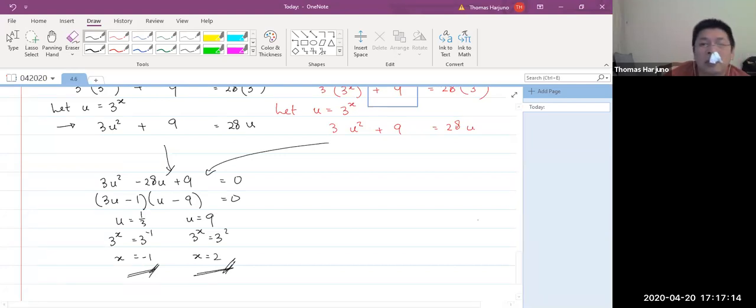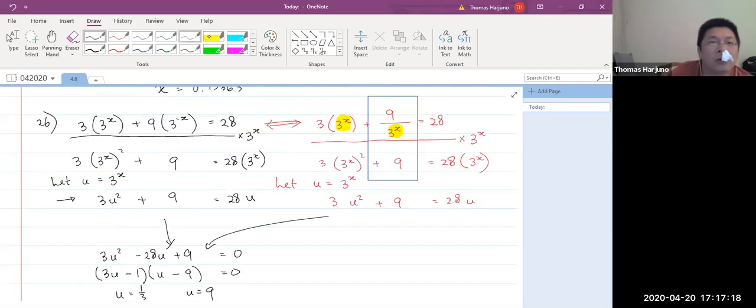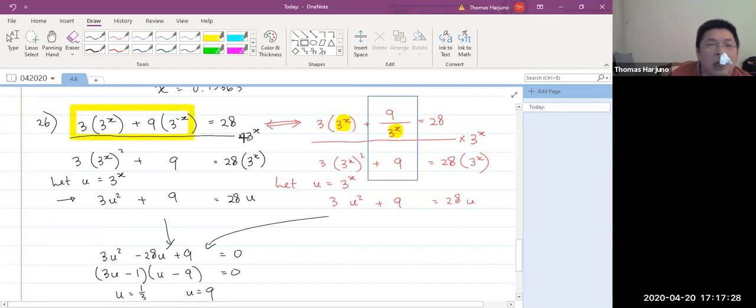But the basic idea is, from this original equation here, you identify that if I multiply by 3 to the x, I get an equation that is quadratic-like.